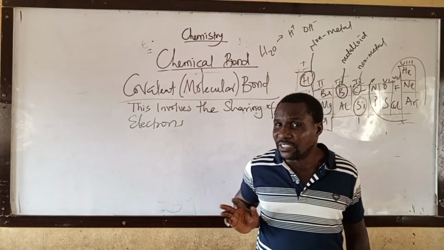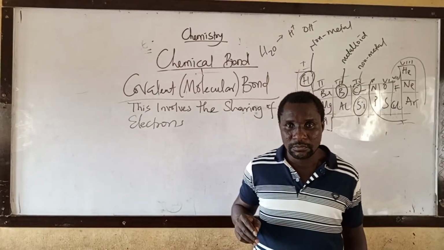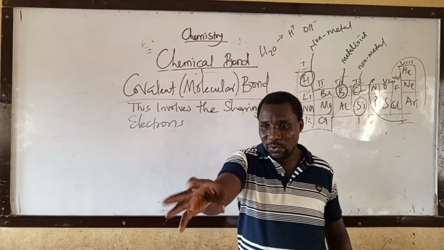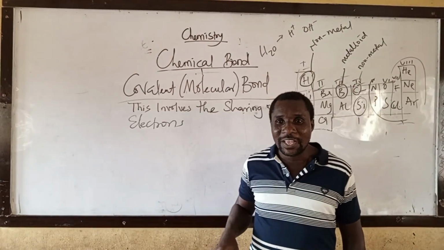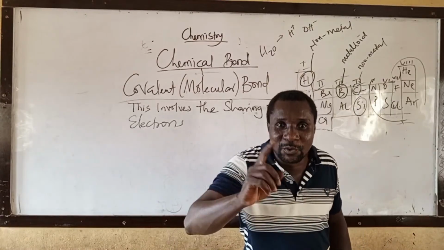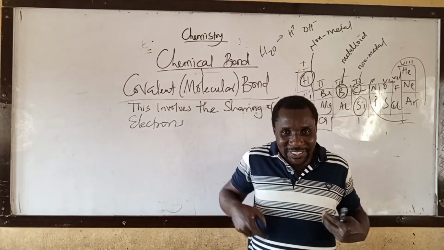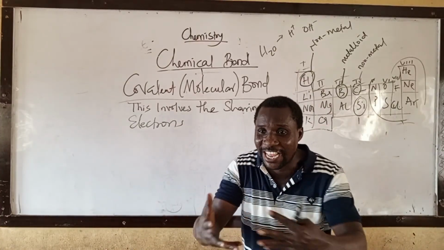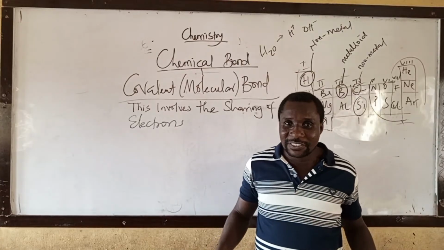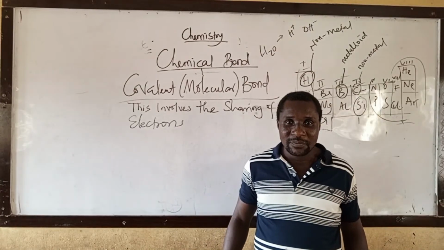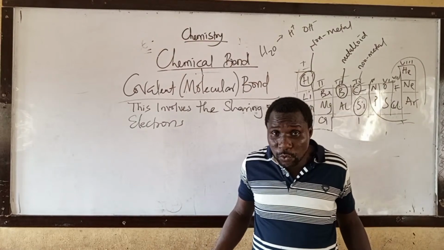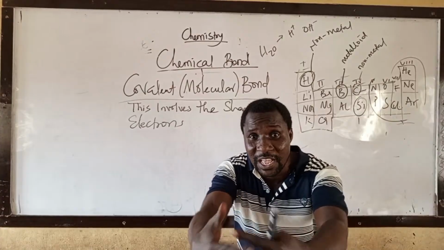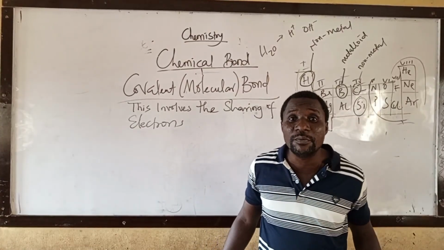None of them is losing, none of them is gaining. Not like ionic bond or electrovalent bond, where one will lose and one will gain. No. In this one, I don't want to lose, she doesn't want to lose, I want to be stable. The only thing we can do is to come together and share electrons so that we can be stable.